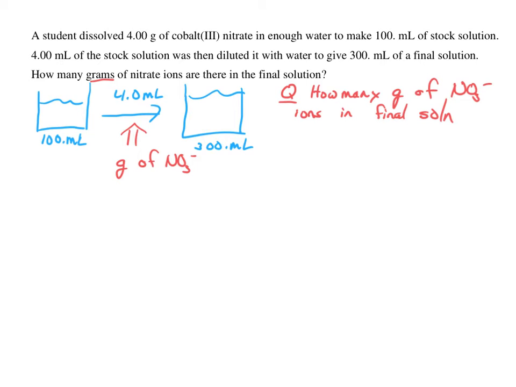We're starting with a solution that has 4.00 grams of cobalt-3 nitrate in 100 milliliters, or 0.100 liters. We want to know how many moles per liter that is of cobalt-3 nitrate, so we can divide by the formula weight.